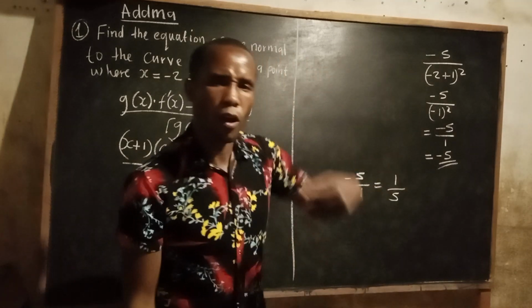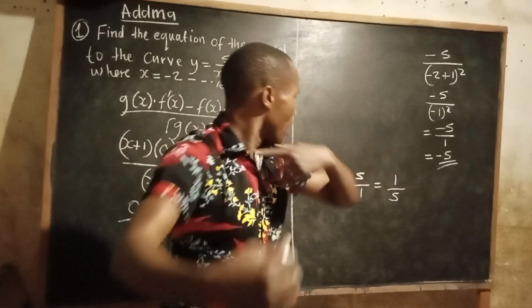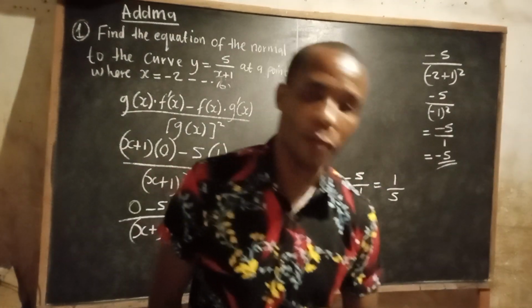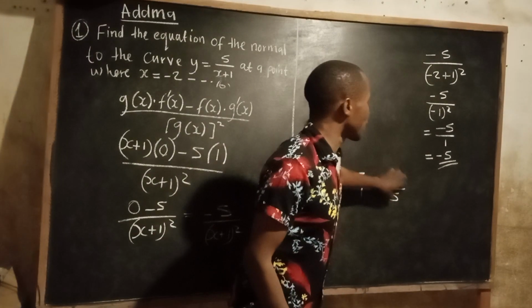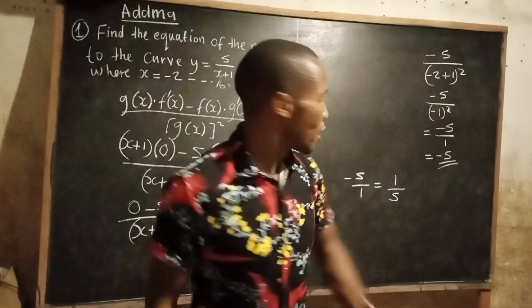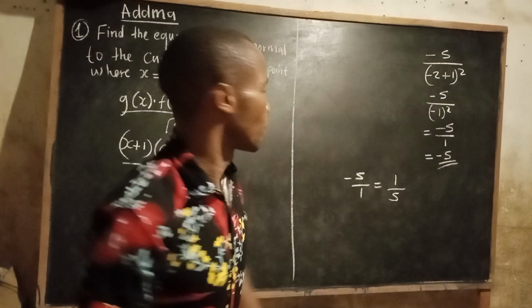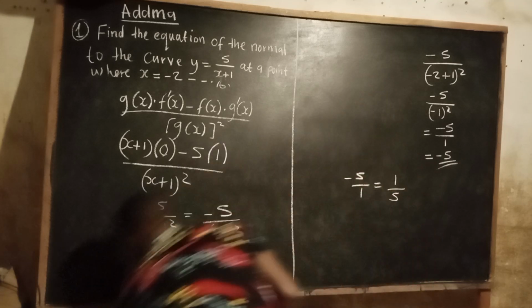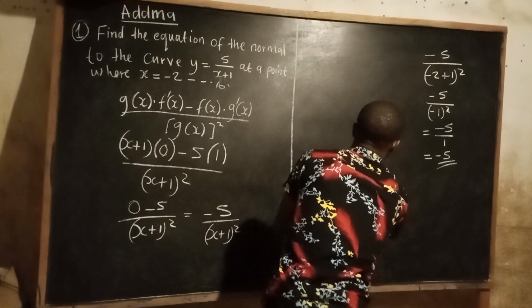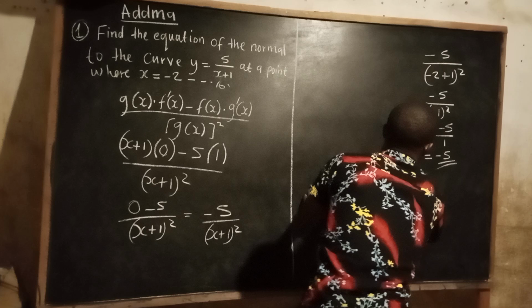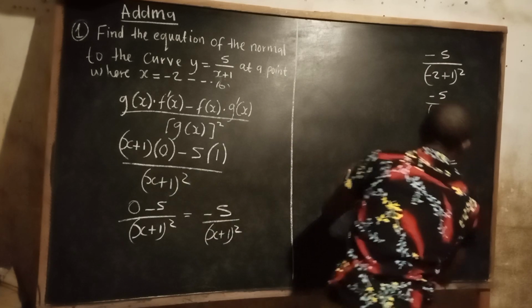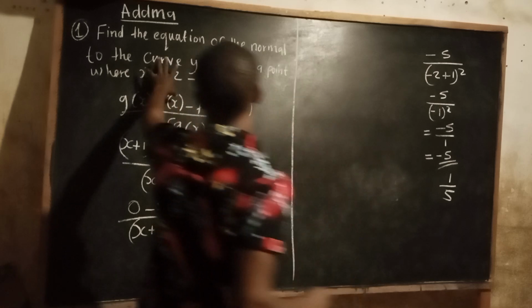Then if it is positive, when it reciprocates, it is going to change its sign to negative. That's what happens. So this is the gradient of the norm line, the one that we are looking for. Now that we have known the gradient here, so the gradient is 1 over 5. 1 over 5. We can go on now, finding the what?